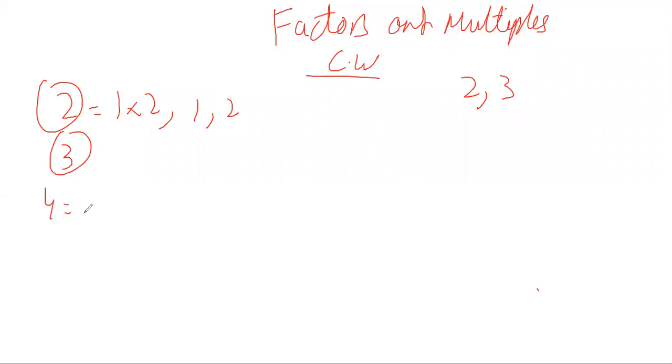Let's find the factors of 4. 4 can be made as 4 into 1 and 2 into 2. Now if you notice, 4 has how many factors? 1, 2 and 4. It has more than 2 factors. So 4 is not a prime number. Mustafa, Musa, what's the definition of a prime number? That it has only two factors, one and itself. So 4 is not a prime number.